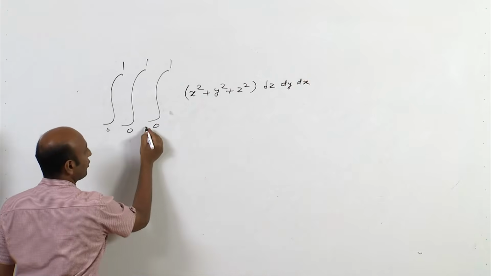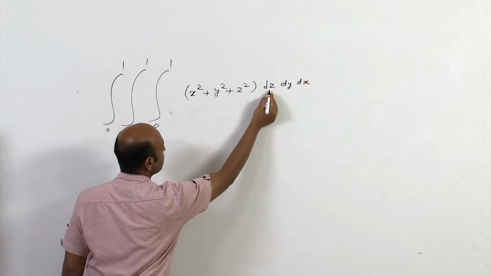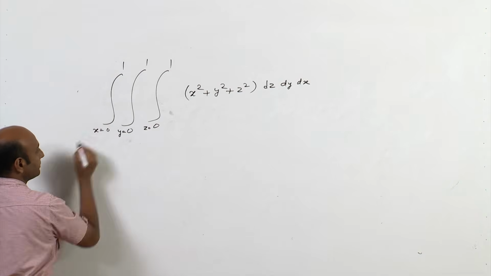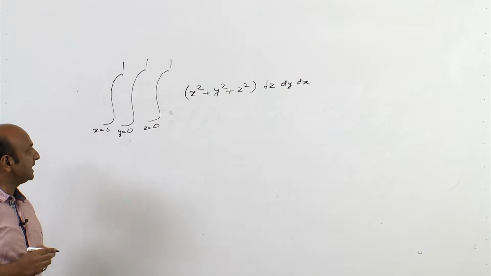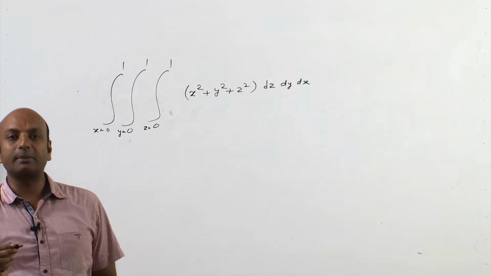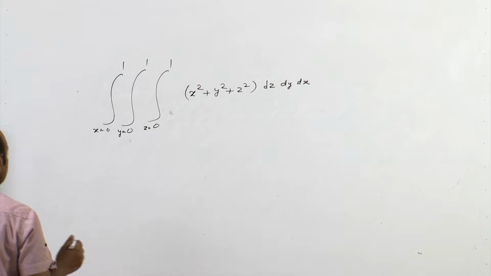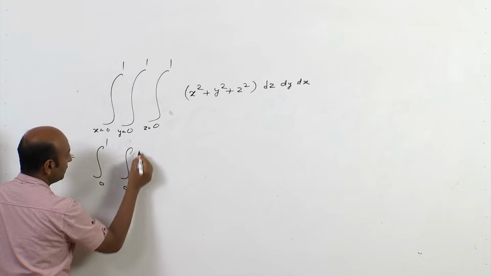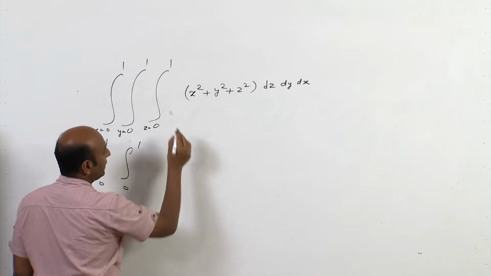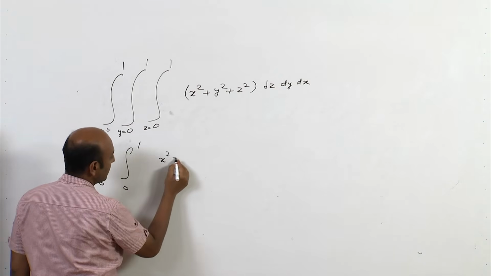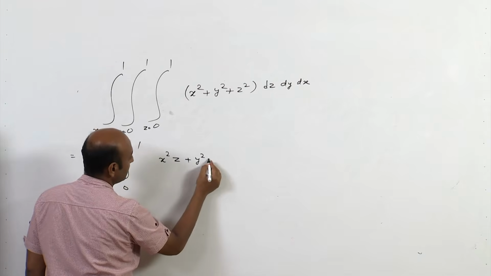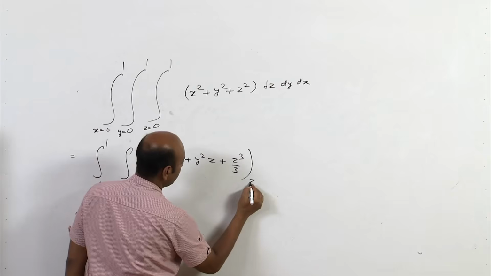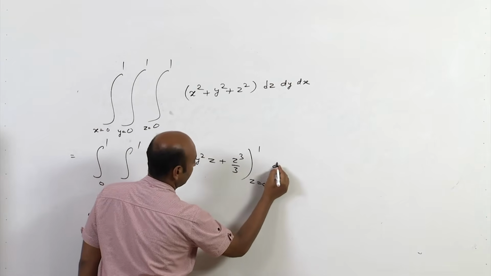This means the first integral is for z, because dz is the first one, then it is y, and then it is x. So, first you integrate with respect to z, keeping all other variables constant. So, this will be double integral 0 to 1, 0 to 1, of x square z plus y square z plus z cube by 3, with z varying from 0 to 1, dy dx.